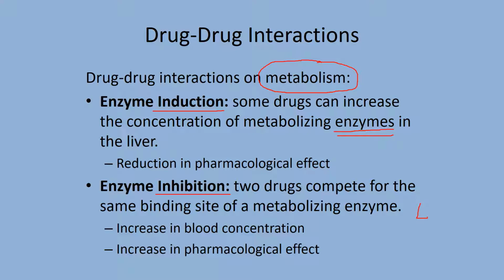So here is the liver enzyme, and normally it attaches to drug A and breaks down drug A. However, if you take a second drug, let's say drug B, then the enzyme is more attracted to B. It'll break that down more and it'll release drug A, the first drug you were taking. So while the enzyme is occupying breaking down B, there'll be more drug A free to interact with receptors.